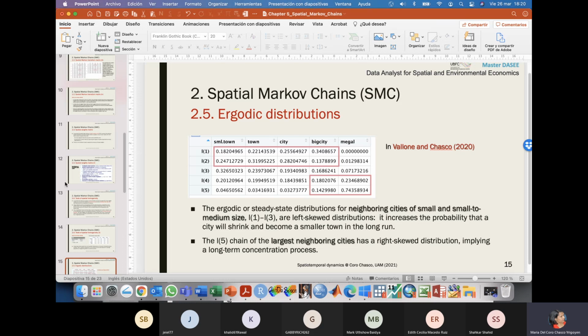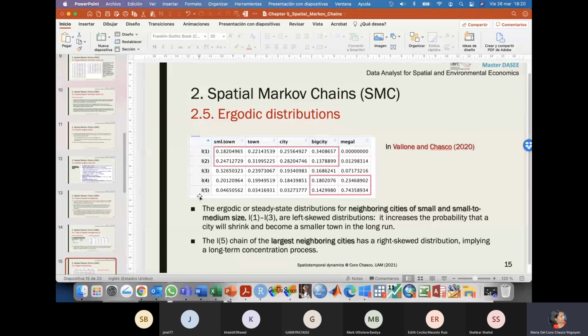As you can see, for each class, so the first quintile, the second quintile, so small towns, town, city, big city, and megalopolis, I can compute one ergodic distribution. So one if the neighbors are on average small towns, if the neighbors are on average towns, if they are cities, big cities, or megalopolis in terms of population.